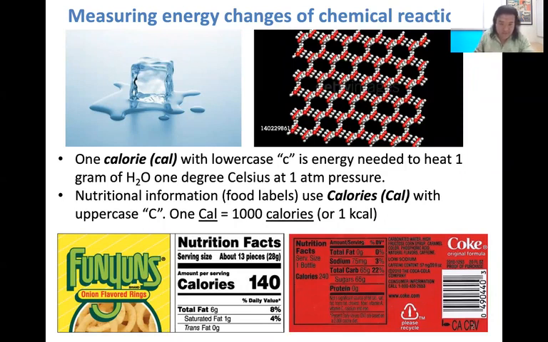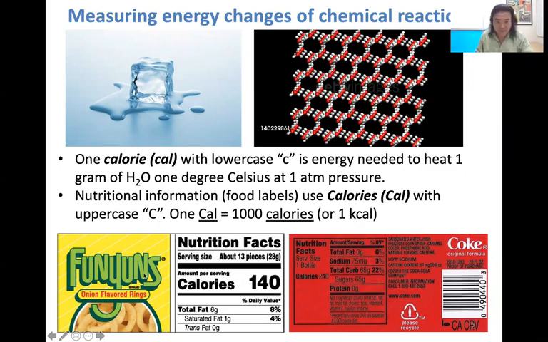But let's look at this. The nutritional label says 140 calories per 13 pieces of Funyuns, and that gives you 140 calories with a capital C. So that means 140 kilocalories, or 140,000 individual calories.